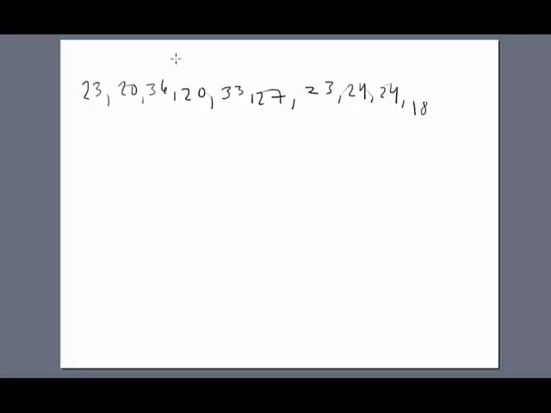What we have here is the raw data. So this is just the data from the data file. What we want to do is put it in order form. In other words, we want to have ordered data. So we want to put the data from lowest score to highest score. So we're going to do 18, and what I like to do is check it off here.